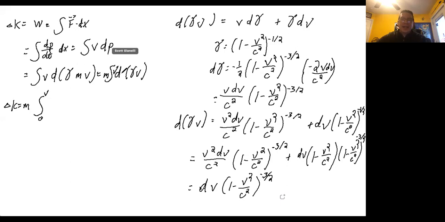That stays in the integral, whereas the M you can bring out. So you have V dV multiplied by 1 minus V squared over C squared to the negative 3/2.